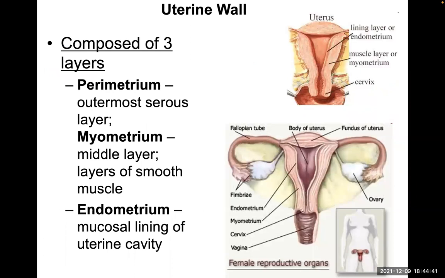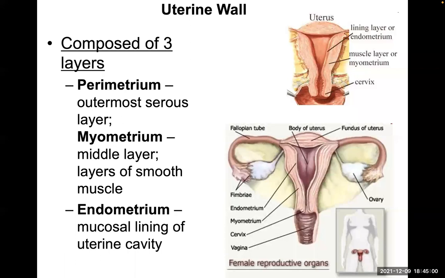All right, and then when it comes to the uterus and the layers, I will expect you to know that the uterus obviously has a relatively thick muscular layer. That muscular layer is called the myometrium, and it is smooth muscle.